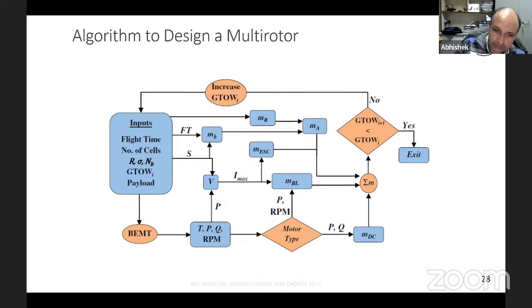With this thrust, the power required is say 120 watts, and that is the power required for hovering flight. But when I have to choose a motor, am I going to select a motor which exactly gives me 120 watts of power output? Or one which gives me 130 watts? Which motor do I choose?